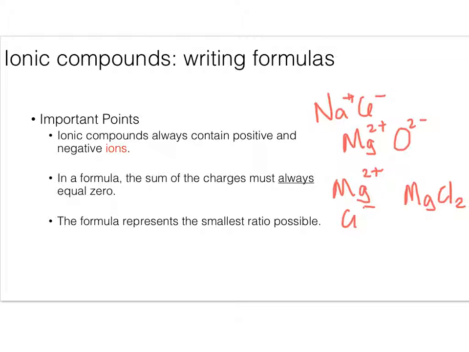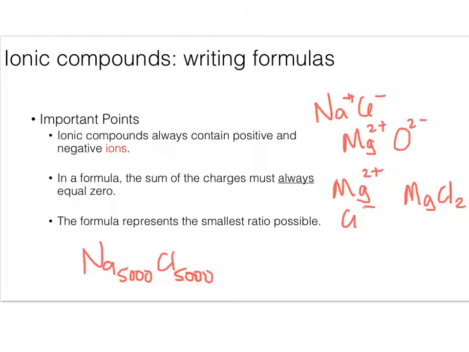And the last one is that the formula represents the smallest ratio possible. So if you looked at the previous diagram of table salt, you saw that there were thousands of sodium and chlorides alternating in a huge lattice. That's reality; that's what sodium chloride table salt looks like. But we're not going to write Na 5000 Cl 5000, because that's stupid.